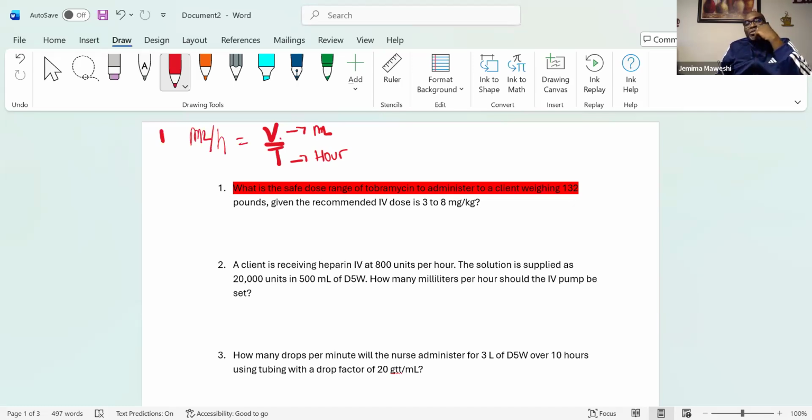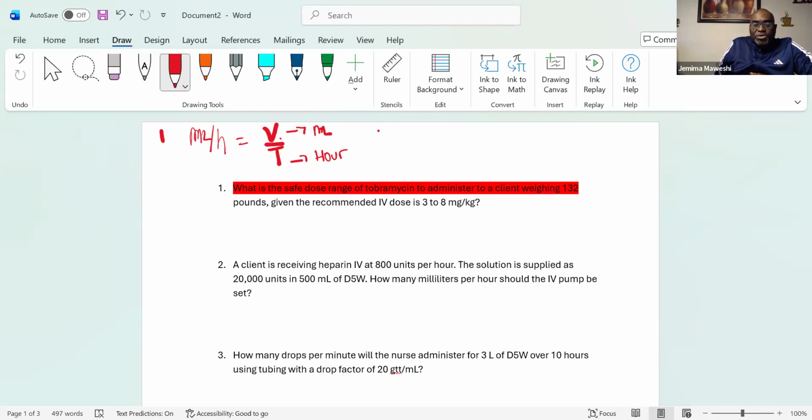Whenever you read the question, you're going to see they are infusing a specific amount of volume within a certain time. You'll see, infuse 1000 milliliter over 10 hours. You're going to read the word over, and that tells you that you are on volume over time. What you have to remember is that this term must be in hours.